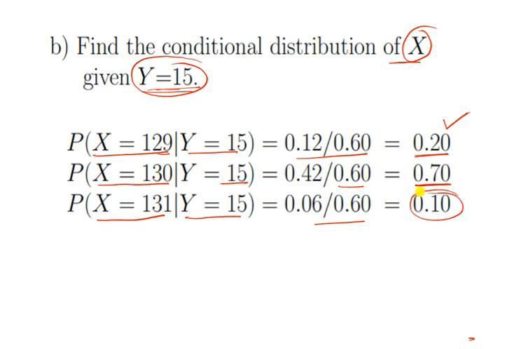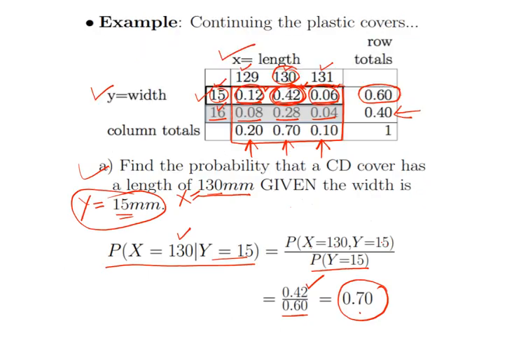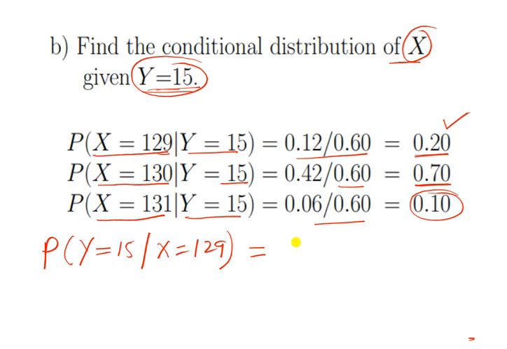Now find the conditional probability of the random variable y equal to 15 given that x is equal to 129. So y is 15 and x equal to 129 gives 0.12, divided by 0.20.